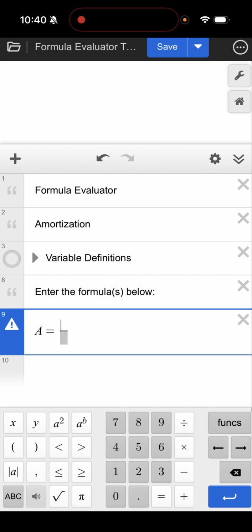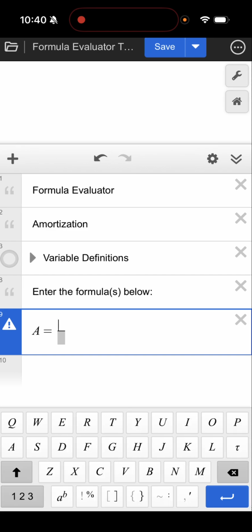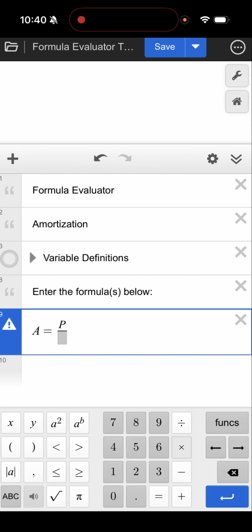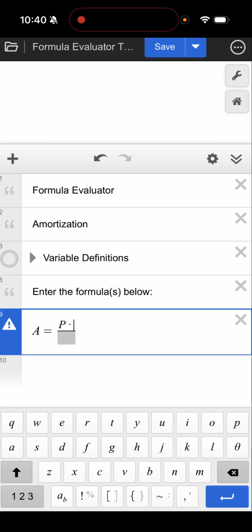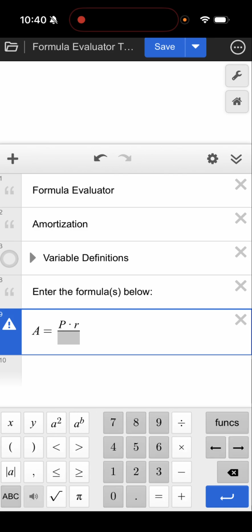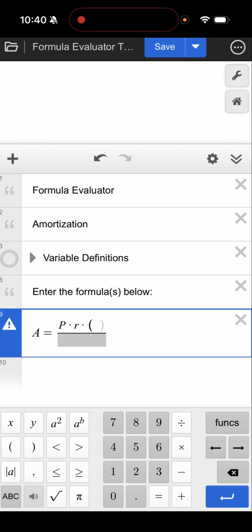It'll make a fraction for you, and then you can put the numerator in and then move down and put the denominator in. So our numerator was capital P times R times the quantity 1 plus R to the N.